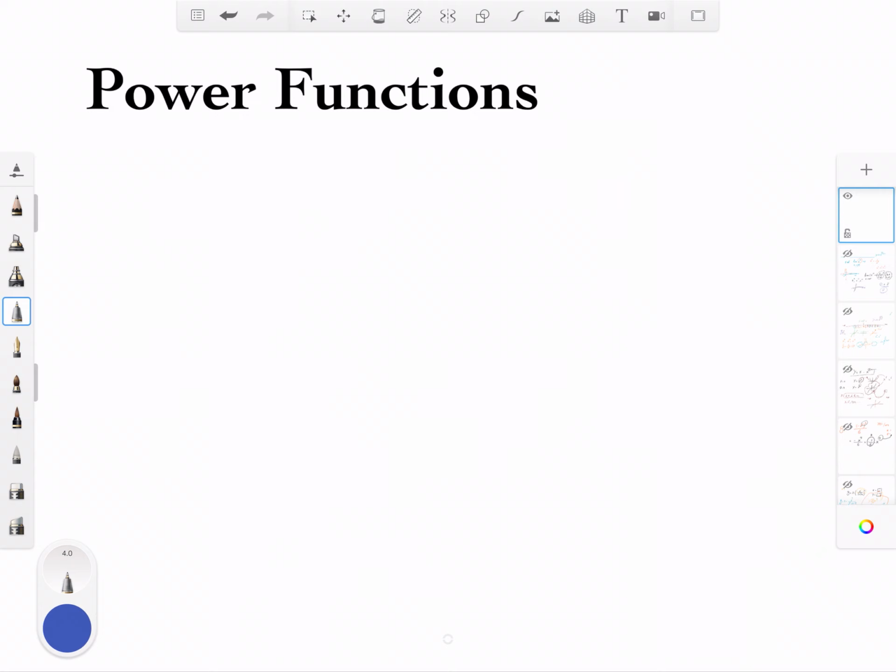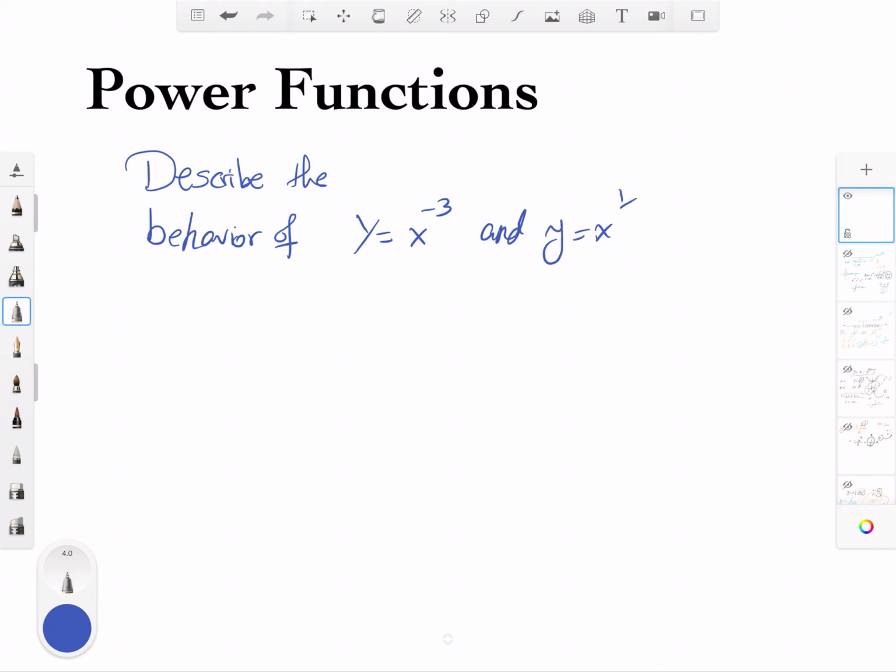Let's have another exercise. So they're asking us to describe the behavior of y equal to x to the power negative 3 and y equal to x to the power 1/3 as x approaches 0 from the right, same as 0 plus.